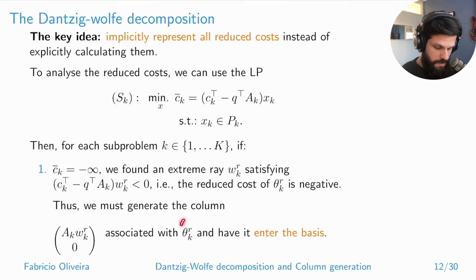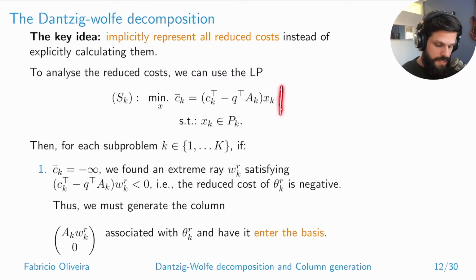And making this variable part of the basis is basically picking its respective column and getting it to replace whatever variable is going to be leaving the basis you currently have. So you apply whatever rule you have for selecting the variable leaving the basis, making sure that you retain feasibility, and this element can be your new column.